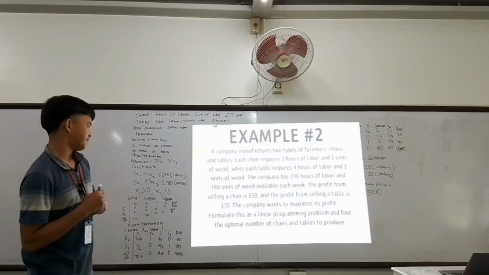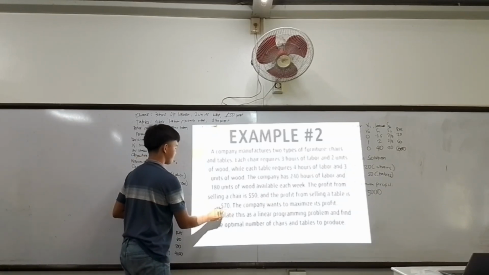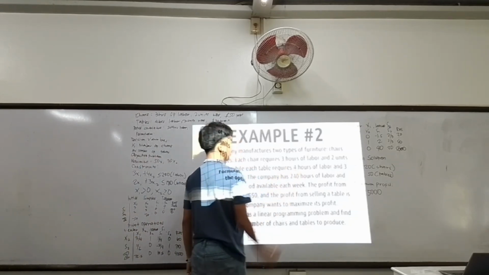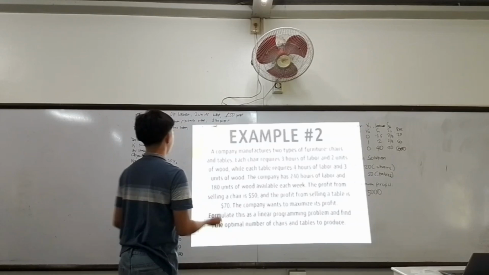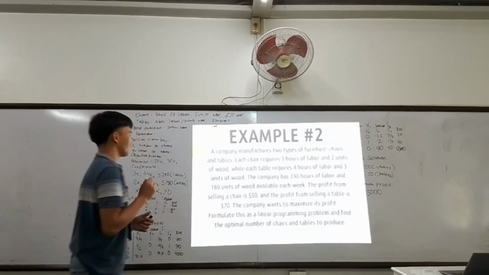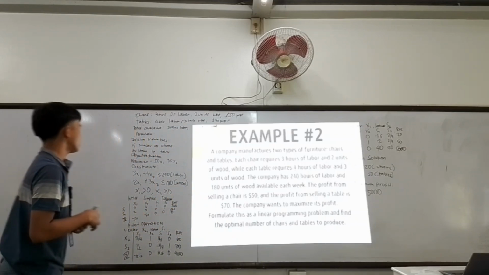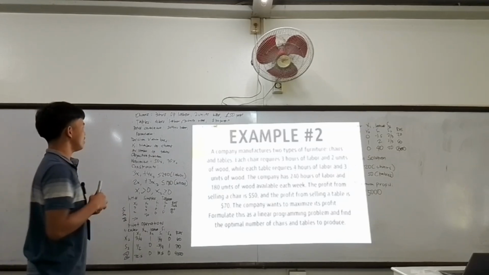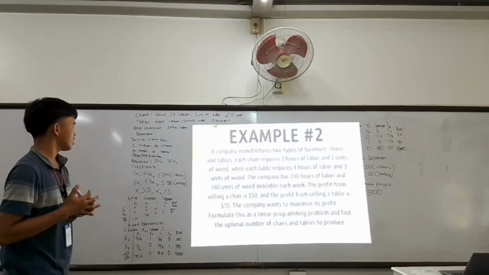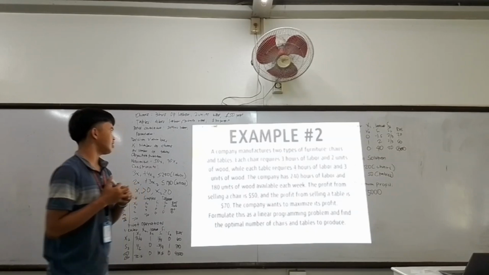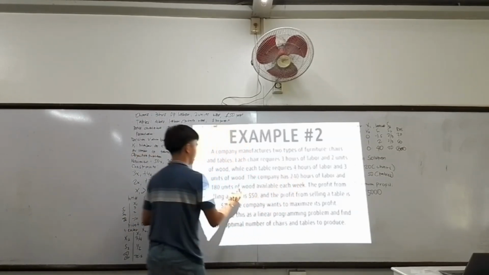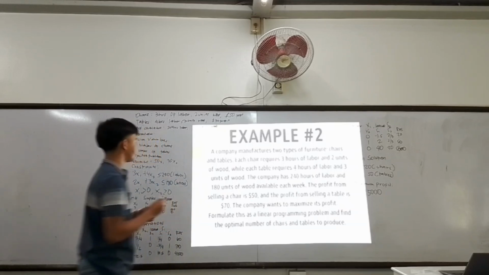So the total available is 240 hours of labor and 180 units of wood. The 240 is here and the 180 units is here.